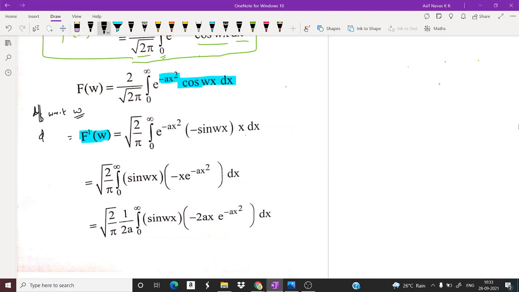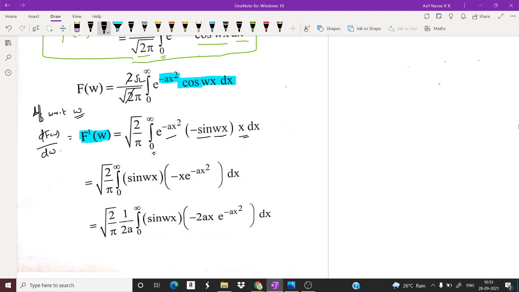That is df of omega divided by d omega equals root 2 by pi integral from 0 to infinity e raised to minus ax square sin omega x. The derivative with respect to omega is minus sin omega x into x.